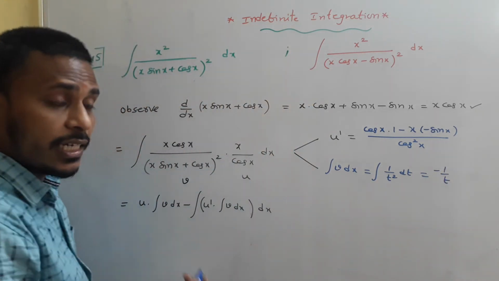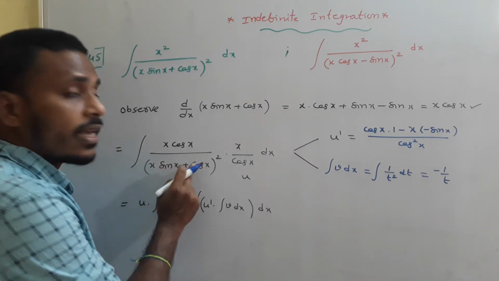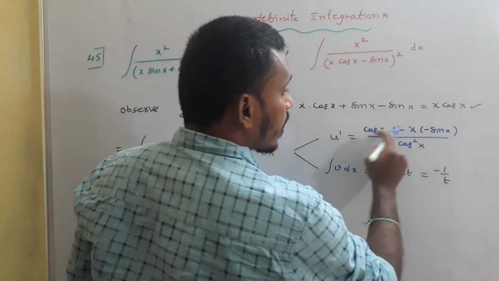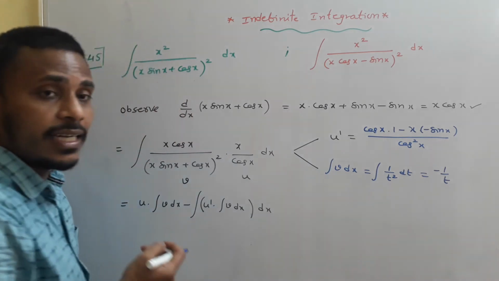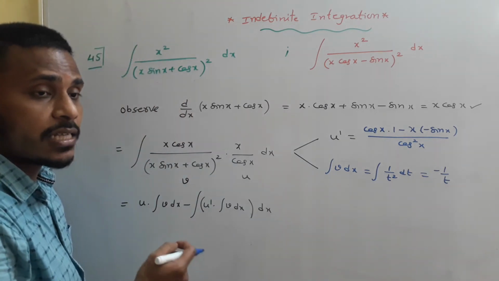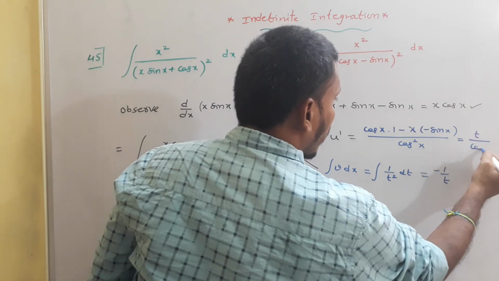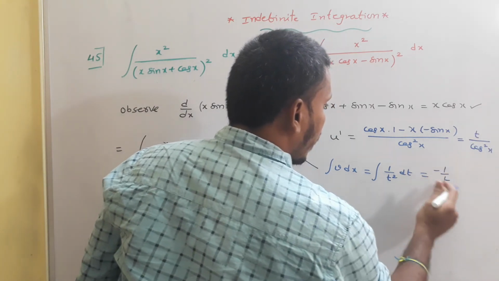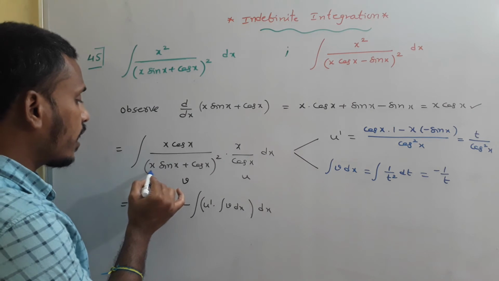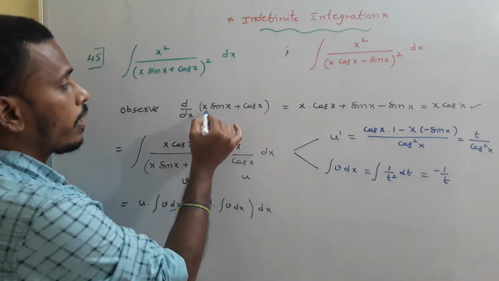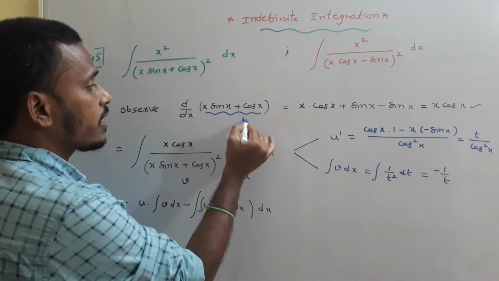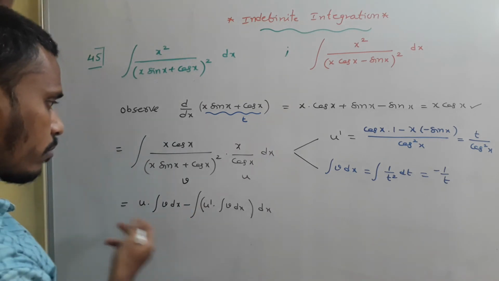What is that t? That t is this x sin x plus cos x. Here also we have x sin x plus cos x. By taking t for some time as x sin x plus cos x, U dash is t by cos square x, and integral of v is minus 1 by t.